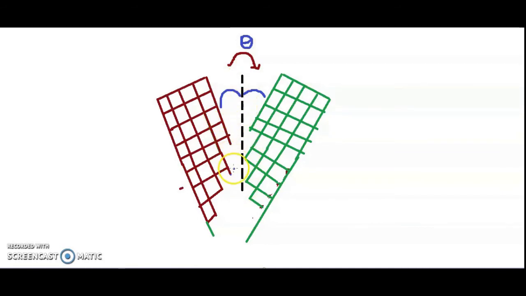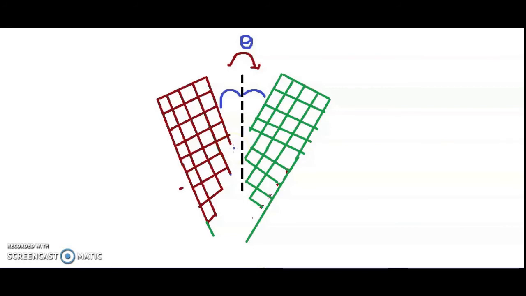These planes ending here correspond to edge dislocations. That is, a tilt boundary can be considered as a set of parallel edge dislocations lying along the grain boundary.